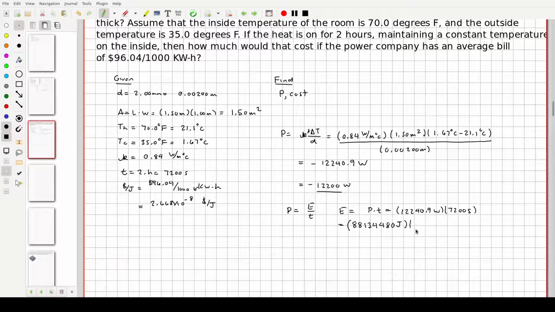Okay, so 2.668 times 10 to the minus 8th dollars per joule. So if I store this, and then we're going to take that and multiply that by 2.668 times 10 to the minus 8th.